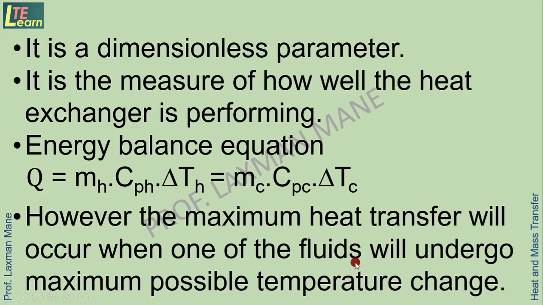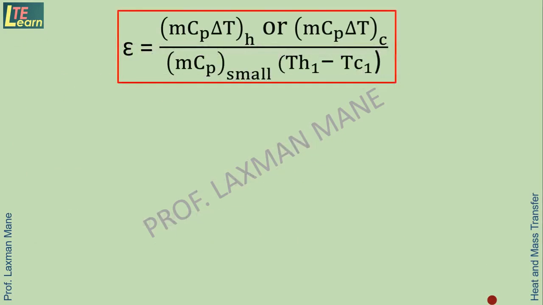However, the maximum heat transfer will occur when one of the fluids undergoes the maximum possible temperature change. So the formula is given as m Cp delta T for hot fluid or m Cp delta T for cold fluid, divided by the smaller heat capacity m Cp into the temperature difference Th1 minus Tc1.